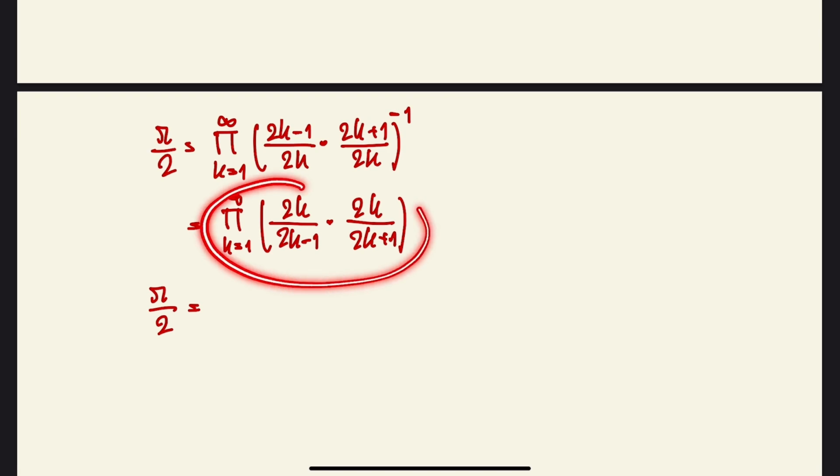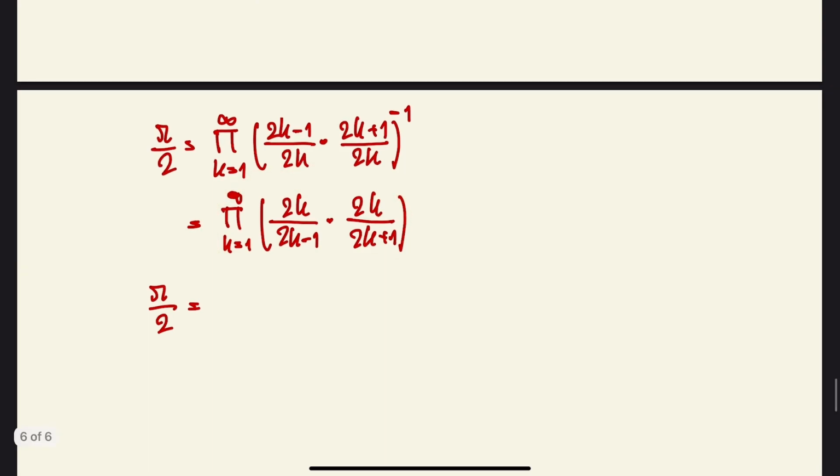If you calculate this one, let's start from 1. When k is 1, you have 2 times 1, so it's 2 over 1 times 2 over 3. Next term, k is 2: 2 times 2 is 4, over 3 times 4 over 5.